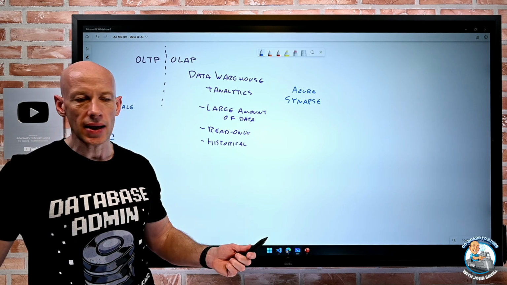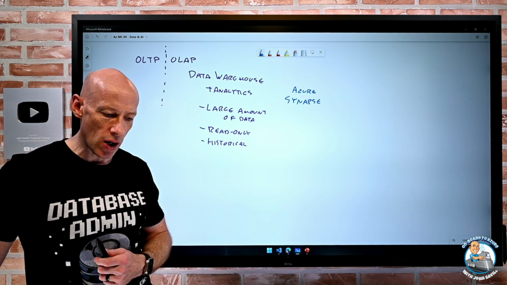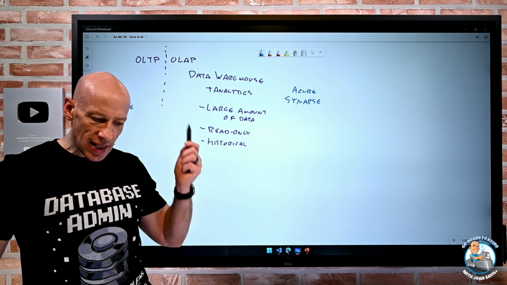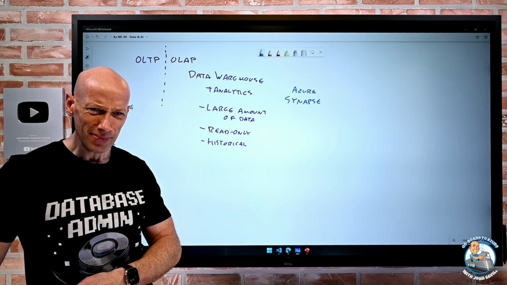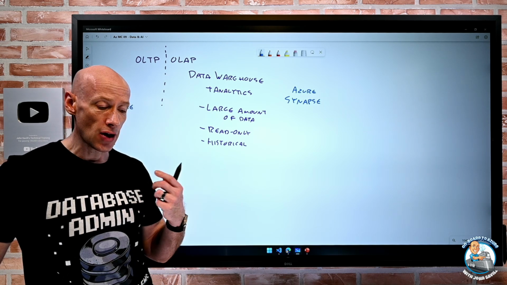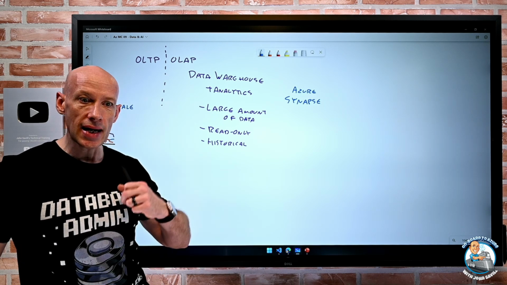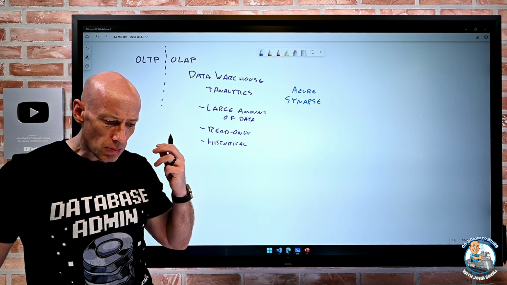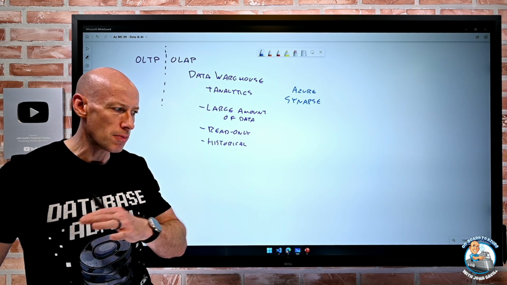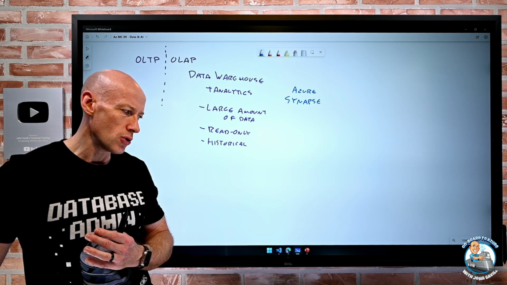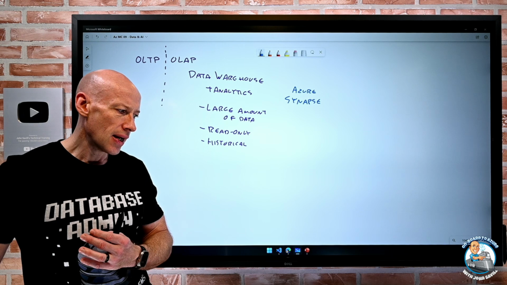I'll take duplication, so I'm going to get faster querying against it. So Azure Synapse has compute, it has storage, it has its own SQL pools. It integrates with services for different types of transformations, for data preparation, for different types of operations that I need to perform. So it's a complete compute and storage type solution available for me.